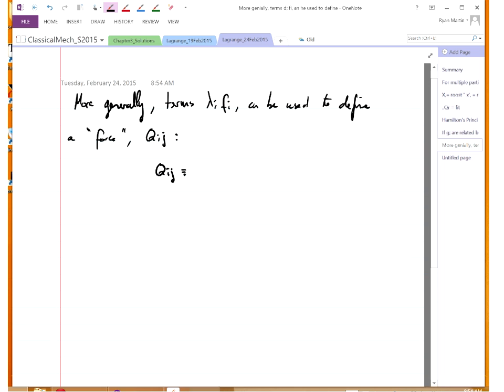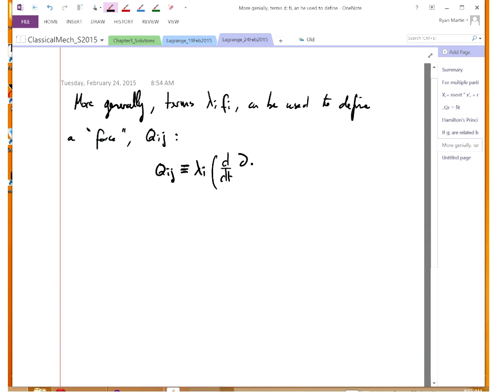And Qij would be defined to be lambda i. So the i index is for which lambda there is, in case there's more than one lambda. And then it's the term for a generalized force. I'm sorry, they're moving a bunch of equipment next to me, so that should quiet down quickly.